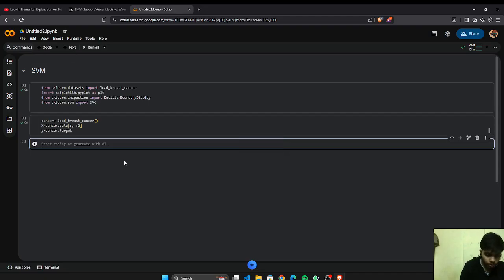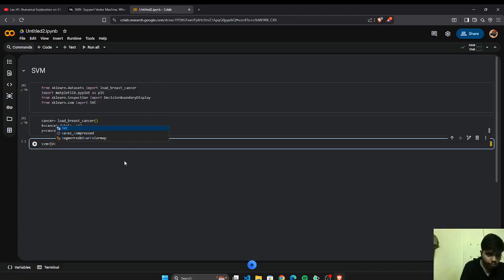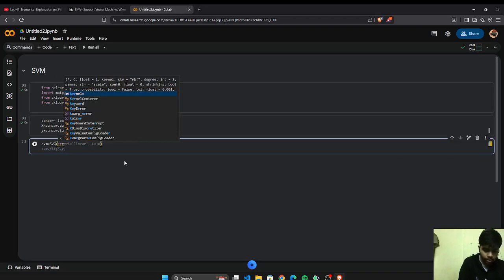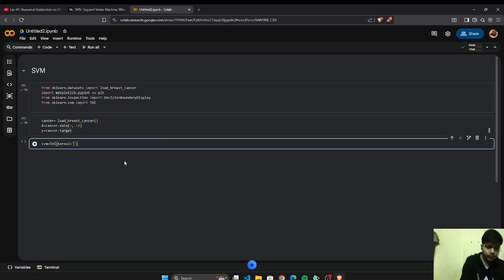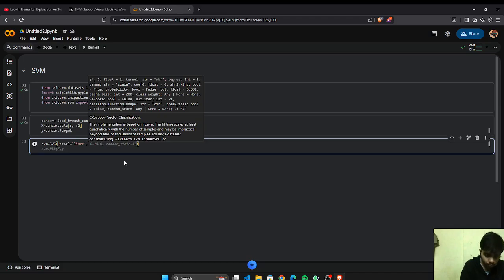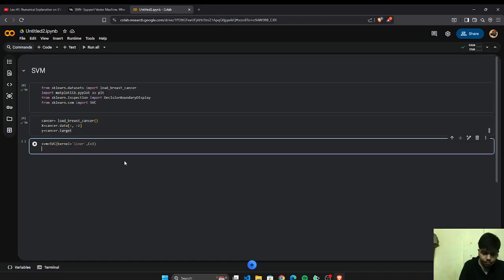Let's create the SVM model. Select our kernel: linear. Let's train our model.